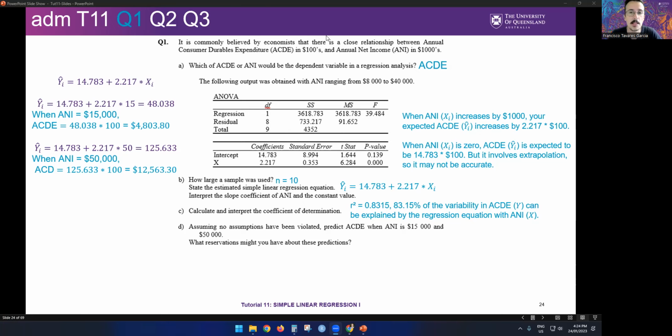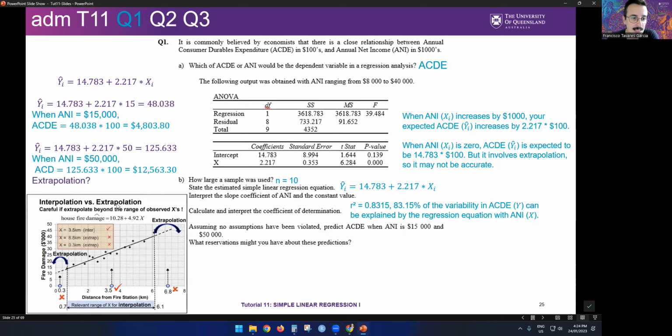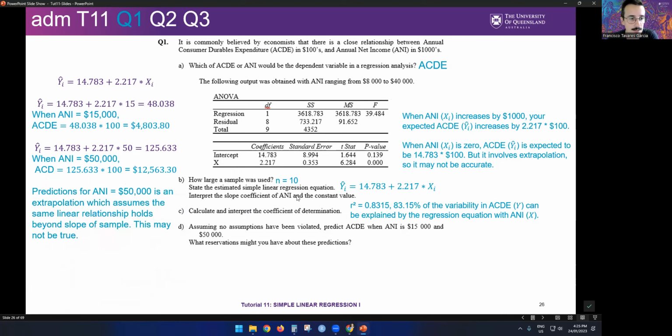There is some limit to this linear relationship, right? They can't eat as much money as they have, I think. So look, this is a little bit of extrapolation. 15 was all right, 50 was a little bit above the limit that we were using. So something to always keep in mind when we're doing a linear regression. Okay. Let's continue.